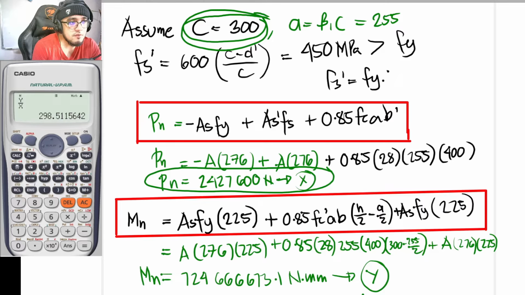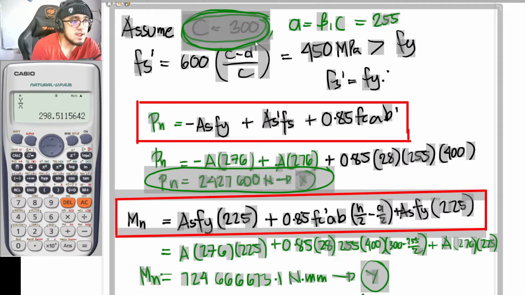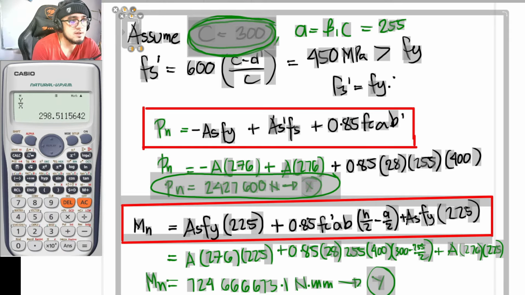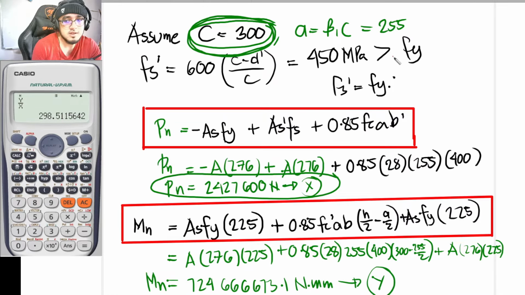After your first assumption, of course, you will now be solving for Mn first. Let me copy this to the next slide and modify the steps, because this is a step that would help you reach your desired eccentricity.